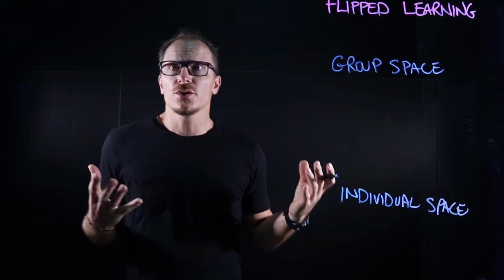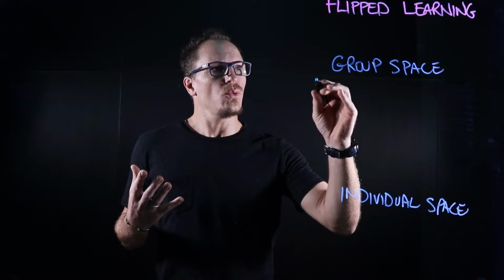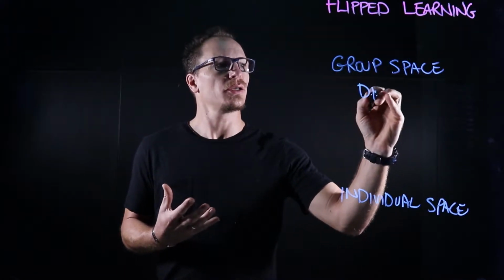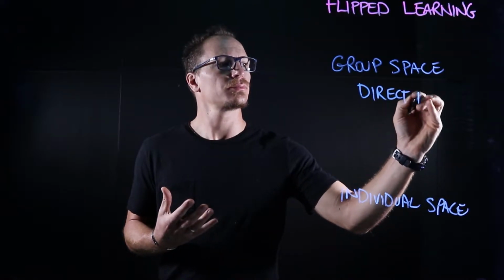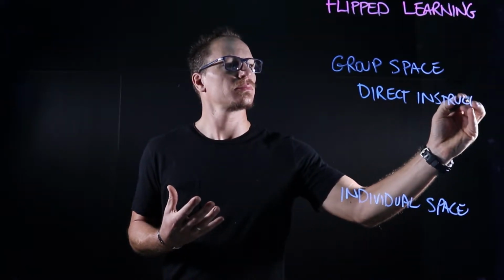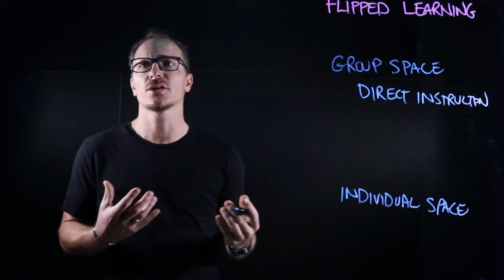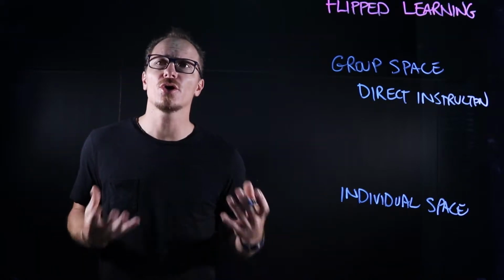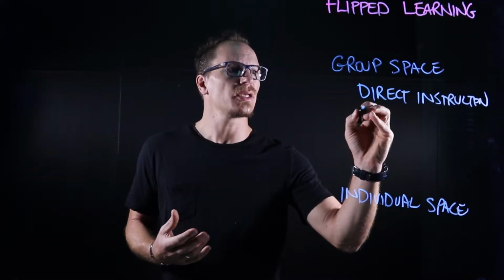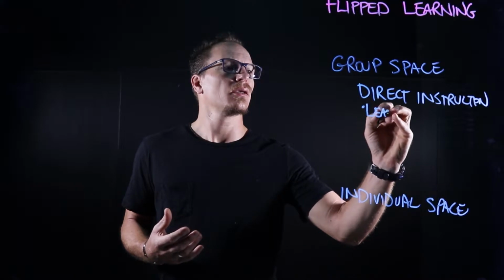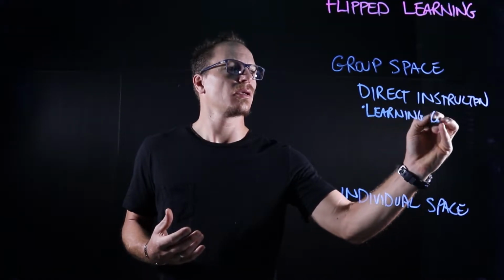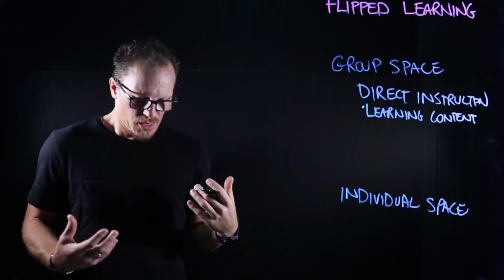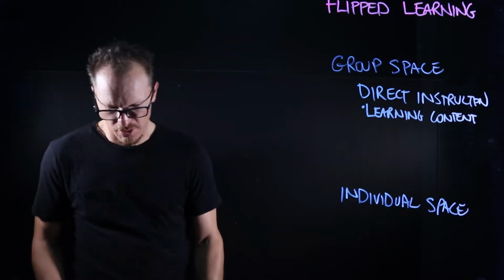And how we traditionally do school is that we do all of our instruction in the group space, and that's where we're doing our direct instruction, which is when the teacher is standing at the front and they're going through content or information. So it's learning content. And that's great. Nothing wrong with it.